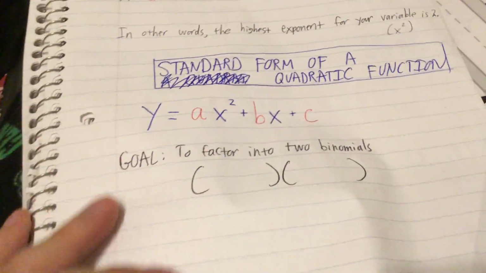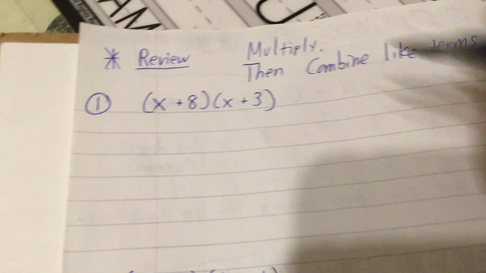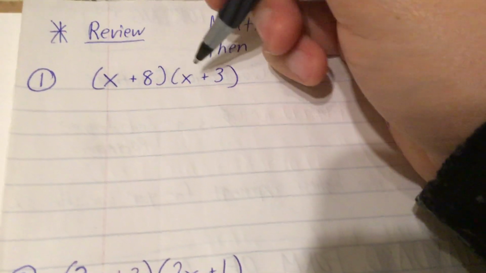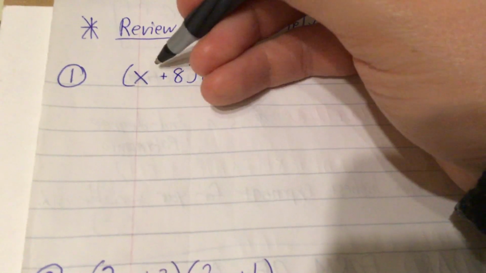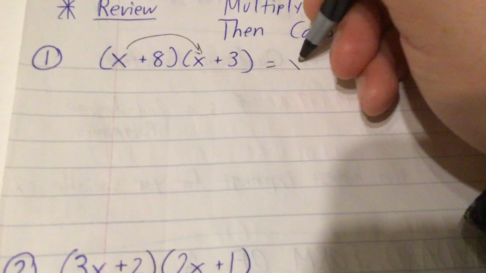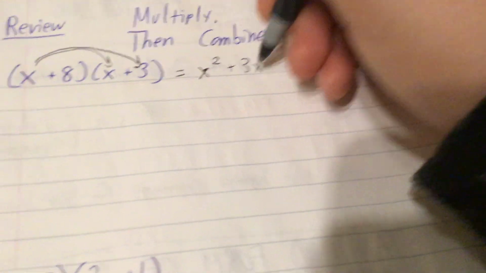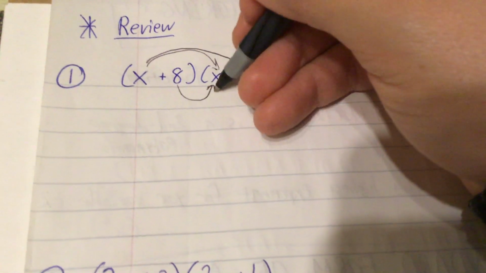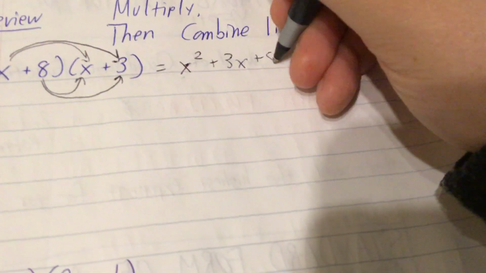Okay? So let's review how to FOIL. So just to get your feet wet, remember that we had x plus 8 times x plus 3, and we could do what's called the FOIL method. Well, x times x is x squared, and x times positive 3 is positive 3x. 8 times x is positive 8x.